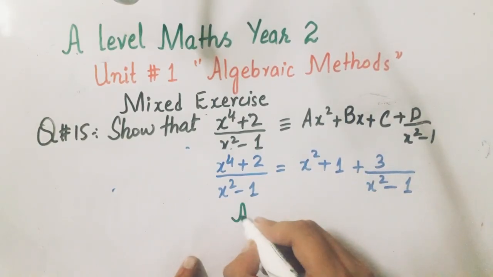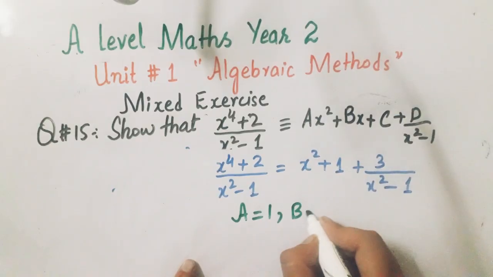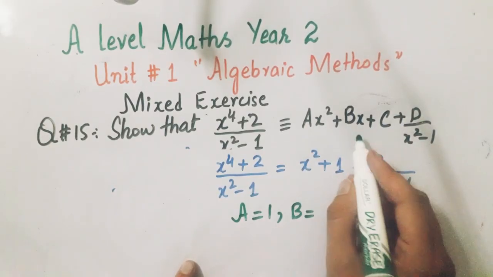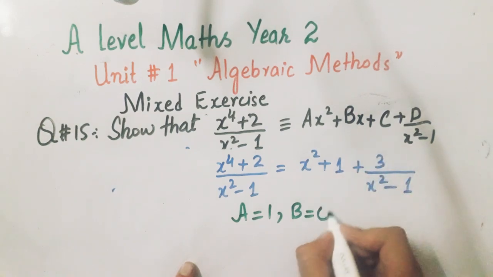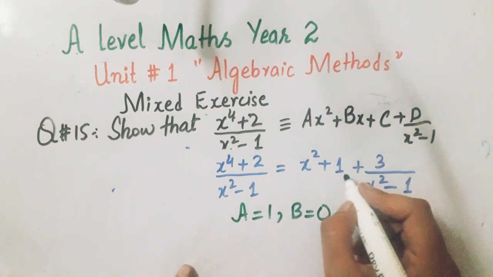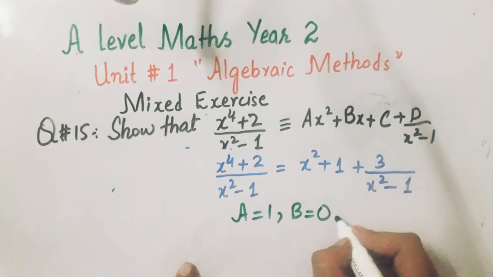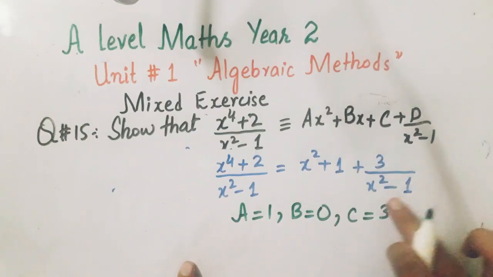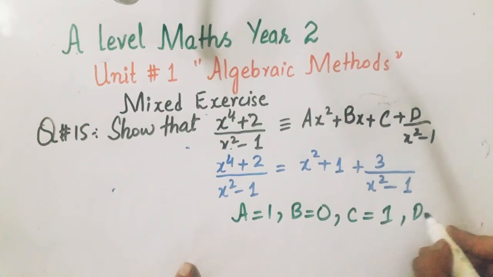We will get a equals 1, b is 0 because we have no term in bx, x to the power 1 is not there, and c is 1 and d is 3. So this is the answer.